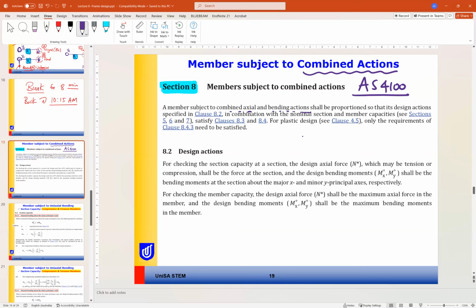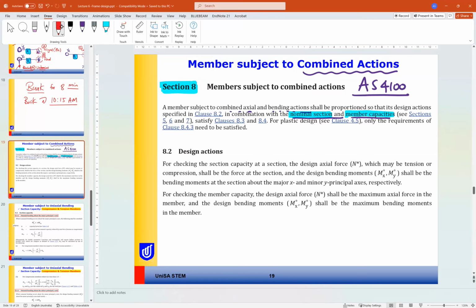So we will have to check the design action in combination of nominal section and member capacity. As you know, axial members under compression means under buckling, so we have section capacity and member capacity.